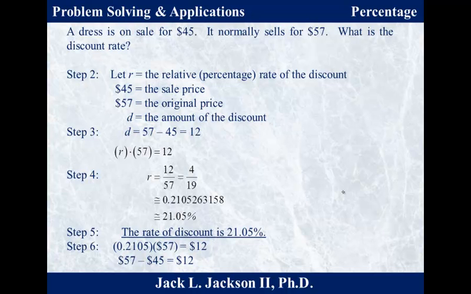R in decimal is 0.2105, etc. So about 21.05%. So the rate of the discount is 21.05%. And of course, if you multiply that percentage times the original amount of $57, you'll get a $12 discount. And sure enough, 57 minus 45 is $12. Or if you'd rather say 45 plus 12 is 57.